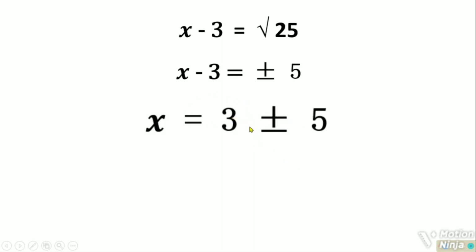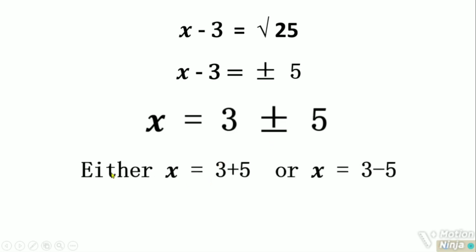And this is the real meaning of a quadratic equation, or a polynomial of degree 2, which means that degree 2 will have 2 answers, degree 3 will have 3 answers, degree 4 will have 4 answers, and so on. So here, either x is equal to 3 plus 5, or x is equal to 3 minus 5.